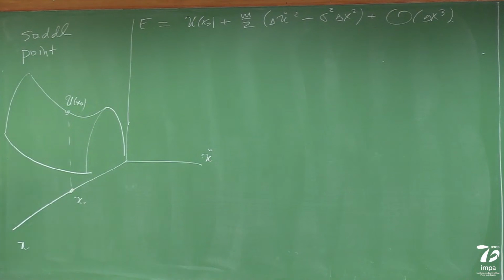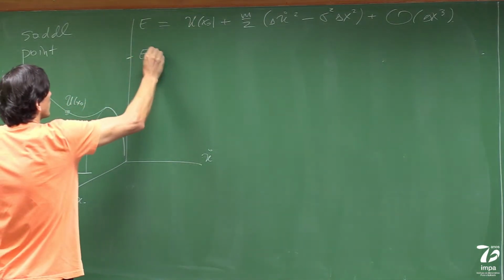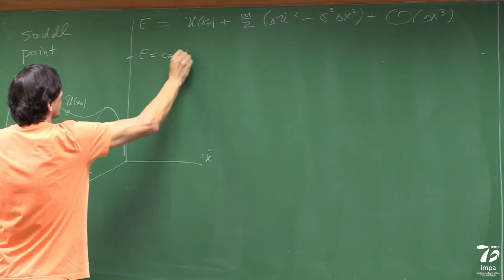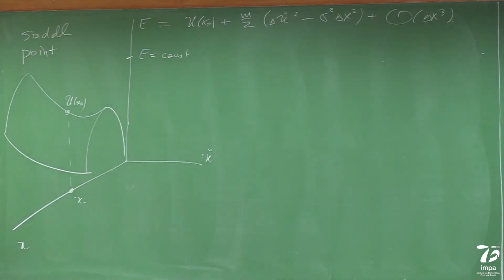So it's a surface which is increasing in one direction and decreasing in another direction. And now our trajectories are the constant energy surface, the cuts of the energy surface with a constant value.